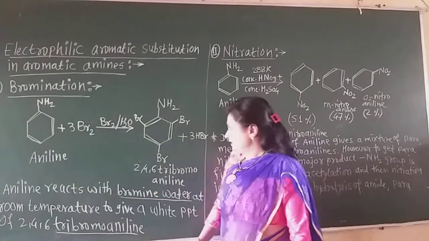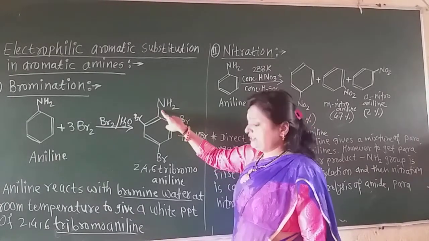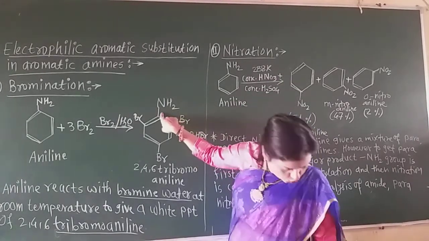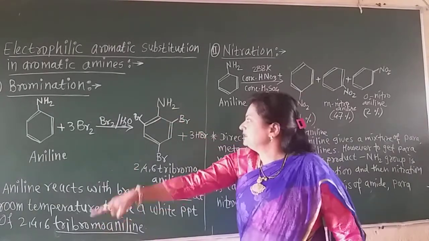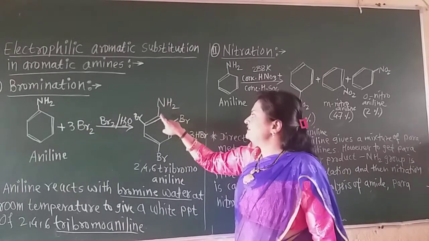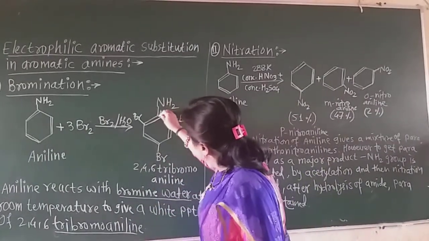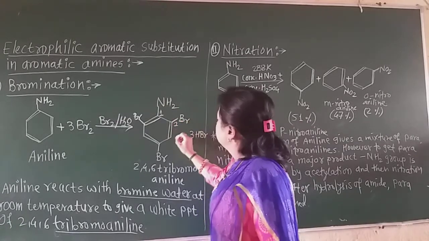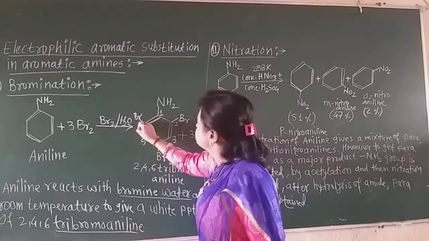That means if we number from the carbon at which the NH2 group of aniline is attached, then the numbering is done from this carbon as 1, 2, 3, 4, 5 and 6.